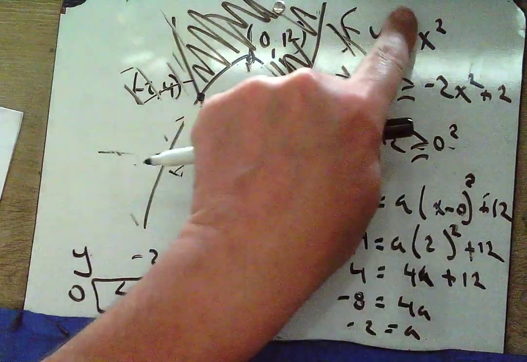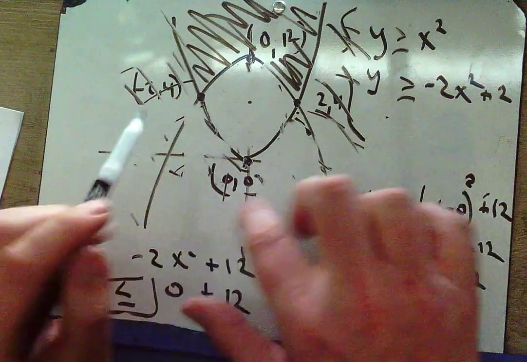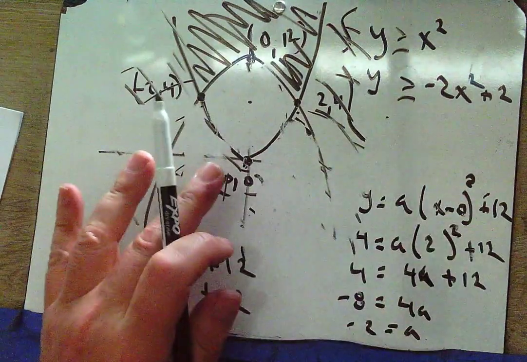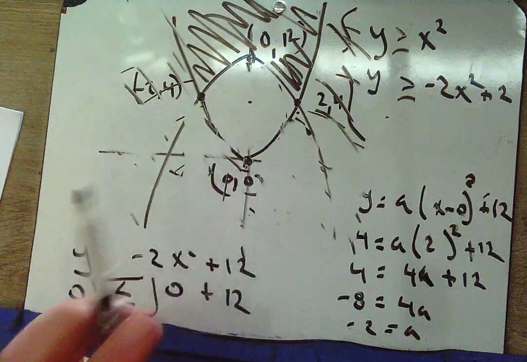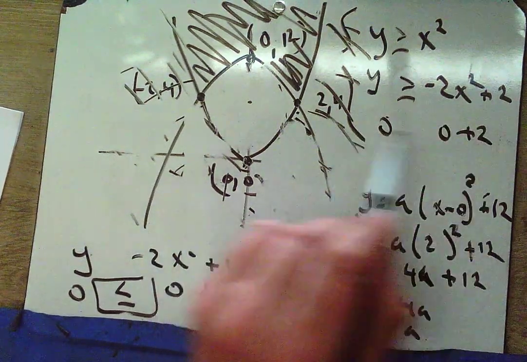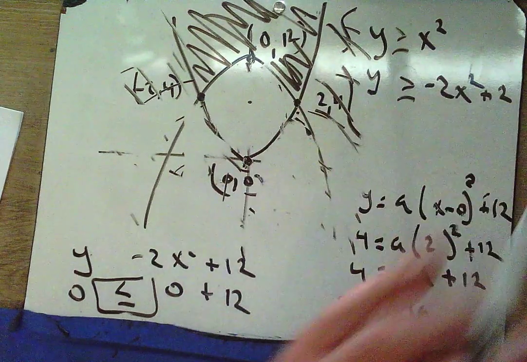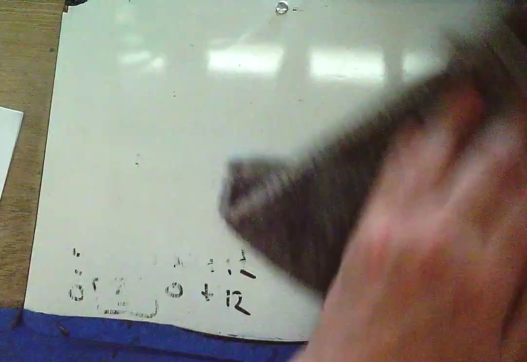So I need this symbol here. And what about here? Well, this is the downturn parabola, and there's nothing in there. If I plug in 0, 0, I should get a no. 0, 0 plus 2. This needs to be a no. And that's why that one does not change. Okay? Nice.